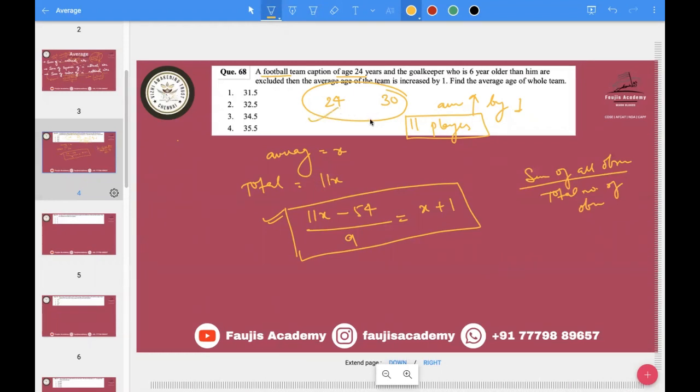Two of them, the captain and the goalie, have been excluded. So how many players remain? 9, sir. This is what we have written here: the post scenario, after these two have been excluded.